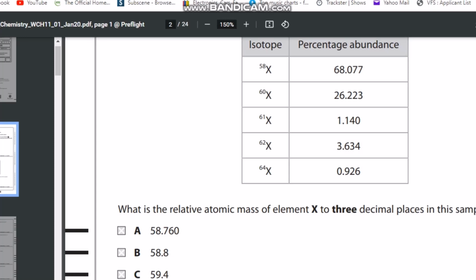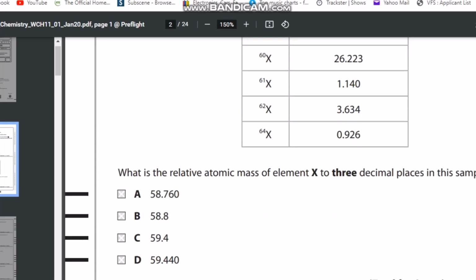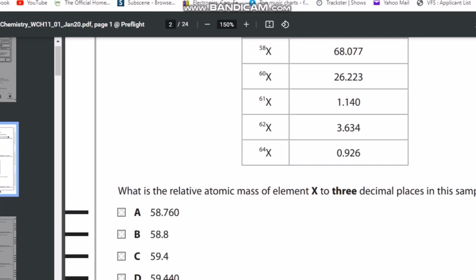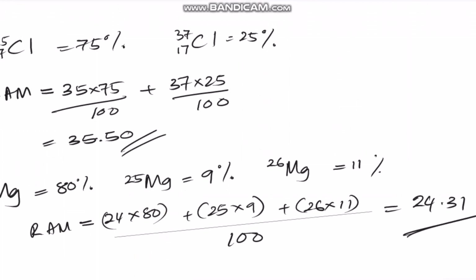The same way I did earlier, you can do it: 58 into 68.077, 60 into 26.223, 61 into 1.14. When you do the calculation, you can get the answer. I think the answer is A. You can easily omit answers B and C, because they ask for the answer to 3 decimal places. So the answer is A. That is how we do the RAM calculations.